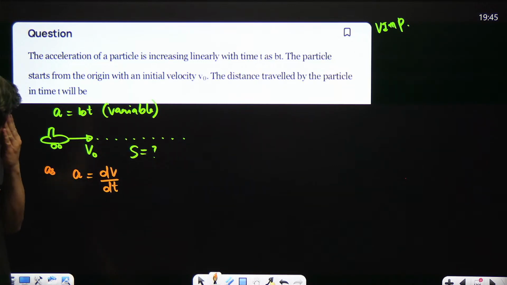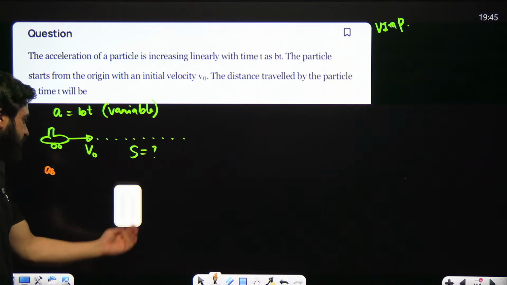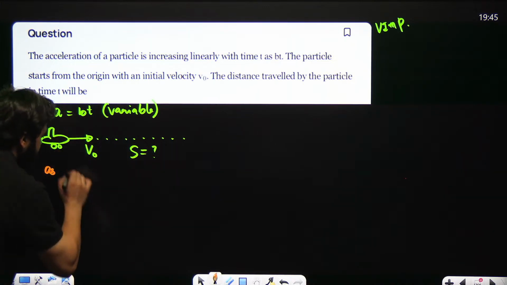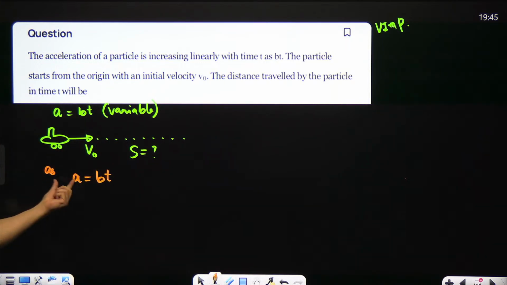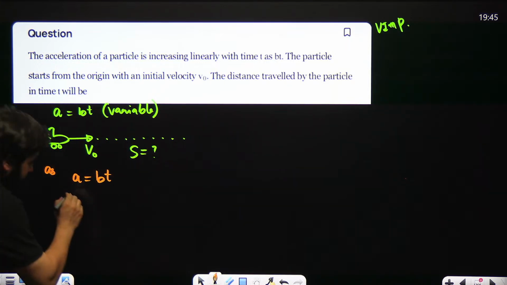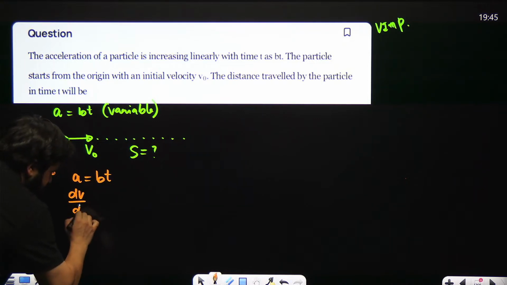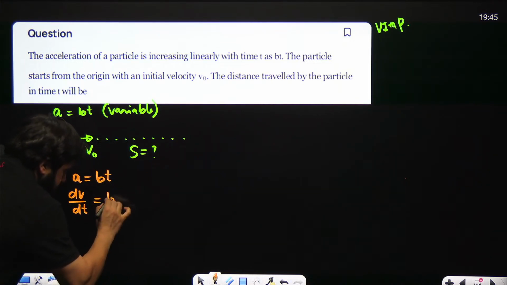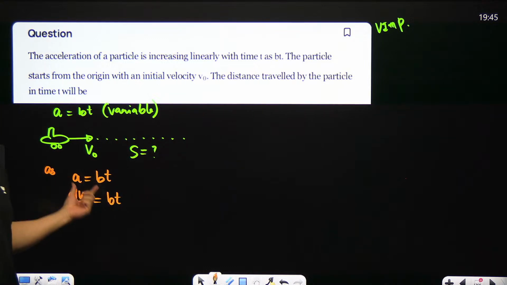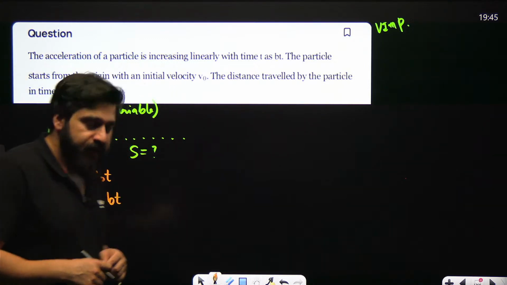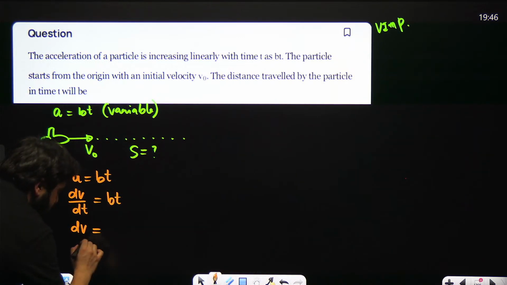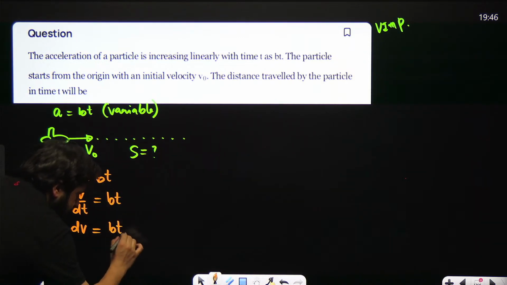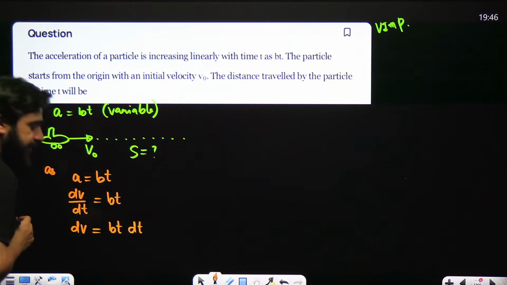Since acceleration is given as b into t, can you write the value of acceleration as dv divided by dt is equal to b into t? Because we know acceleration is dv divided by dt. Now multiply this dt over here, so it will be dv is equal to bt dt.